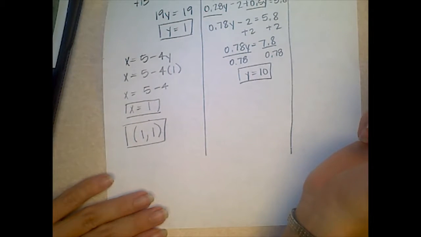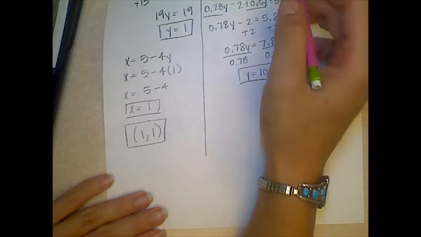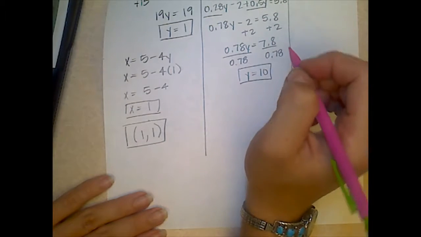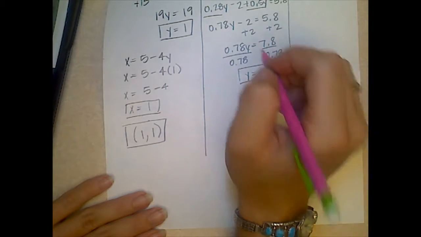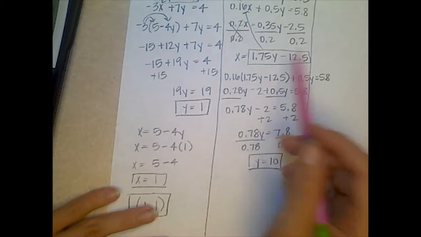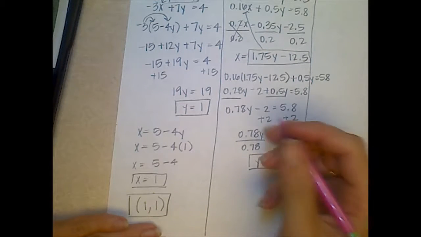So now we need to plug back in to get what x equals. And you can do that in either equation, it does not matter. So just pick one of those original equations they gave you and let's plug back in. I'm going to pick the one up here where it tells me what x equals because I think that's the easiest and there's not as much algebra, but you can plug into any one and it's fine.